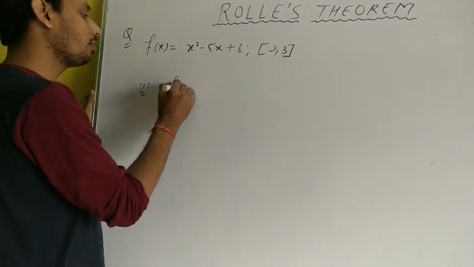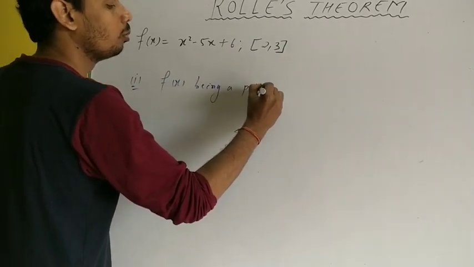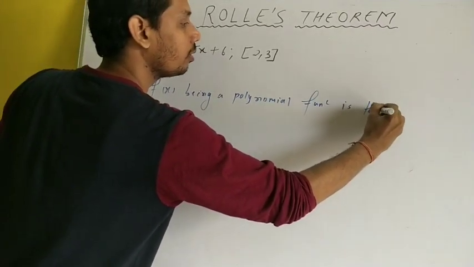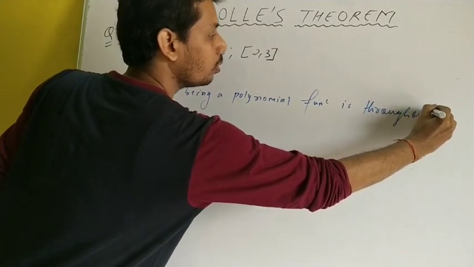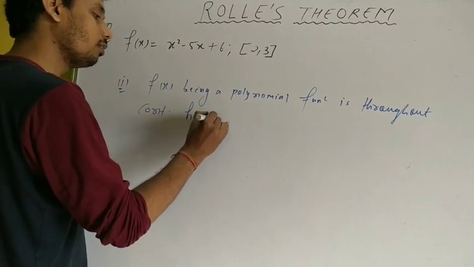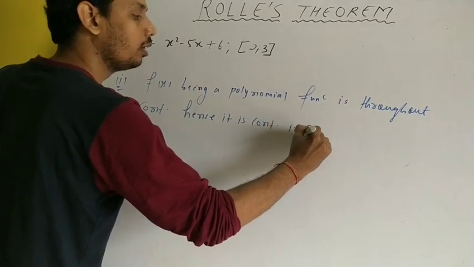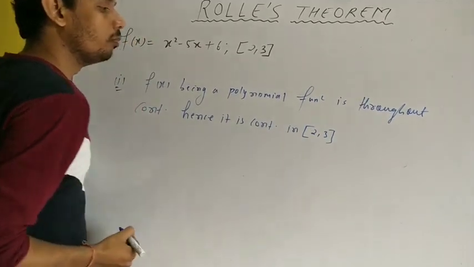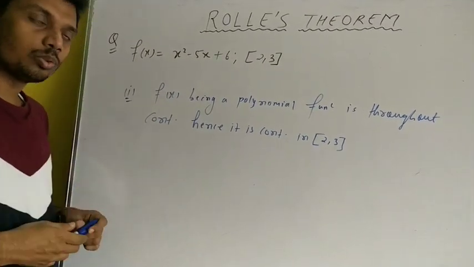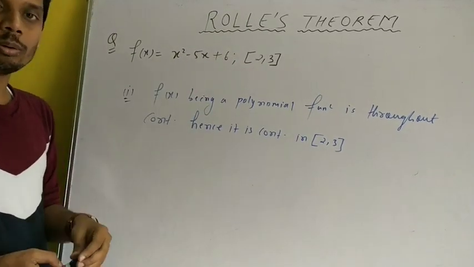That f(x), being a polynomial function, is continuous throughout, hence it is continuous in the closed interval 2, 3. This is a polynomial function, and we know that a polynomial function is continuous throughout. So as this is continuous throughout, it will be continuous in the closed interval 2, 3 also.